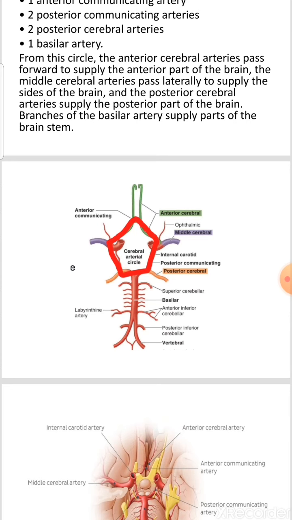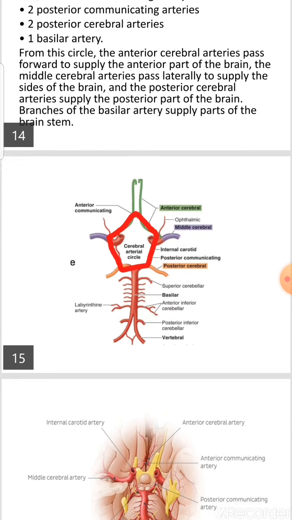If we talk about the posterior source and anterior source individually, the posterior source basically supplies the cerebellum, brainstem, and the posterior aspects of the cerebral hemispheres. At the lower border of the pons, which is also part of the brainstem, it forms a single artery which is called the basilar artery. You can clearly see in this image.